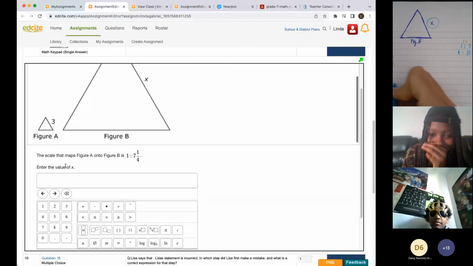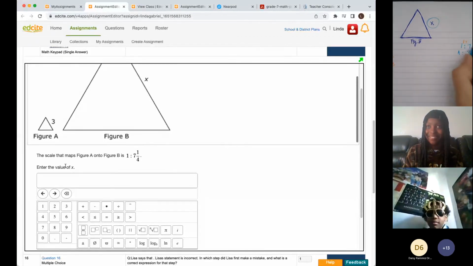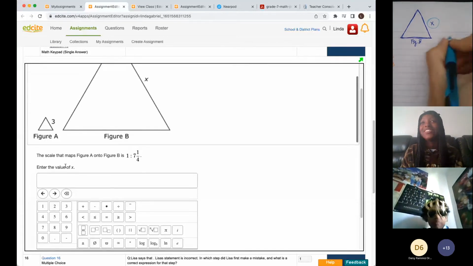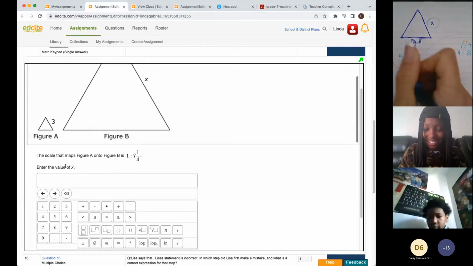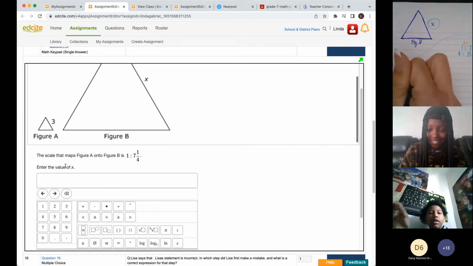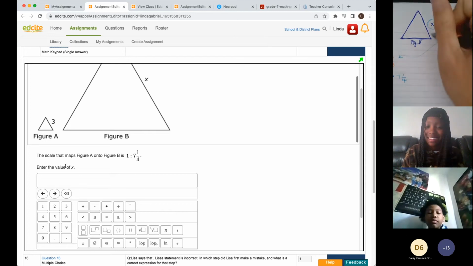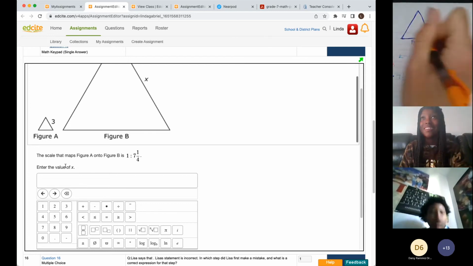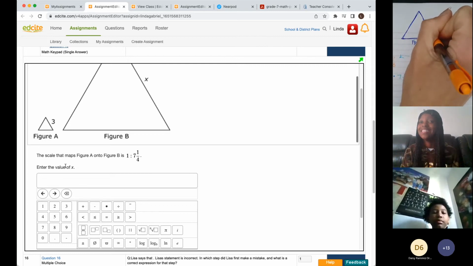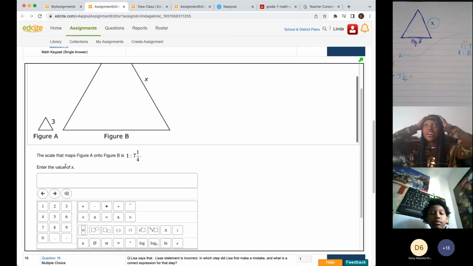If I have 3, to get my 7 1/4 proportionally equivalent, I need to take my 7 1/4 and multiply it by 3. I'm doing that because I know that for every 1 foot, I need to have 7 1/4 feet over here. Does that make sense? Yeah? Okay, perfect. So I'm going to take 3 and multiply it by 7 1/4.